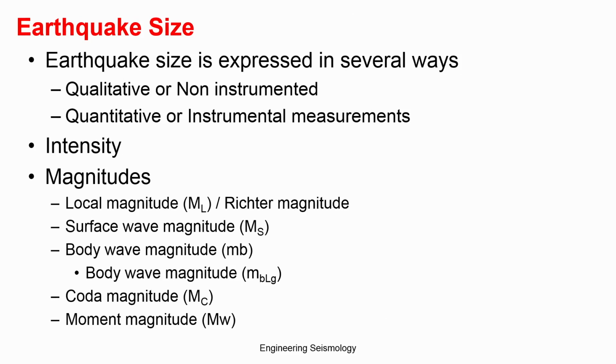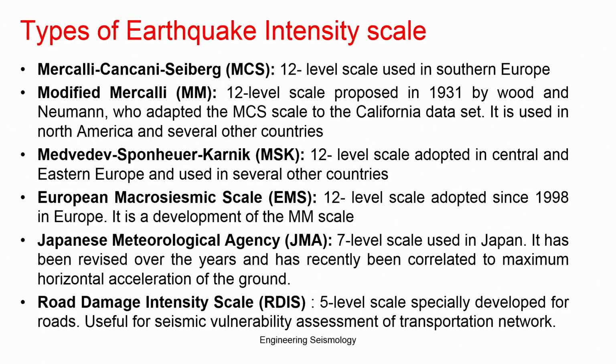The other way is to get the earthquake size using recorded waveform data, which is a quantitative way of estimating the size of the earthquake through instrumental measurement. This needs a recorded waveform. Depending upon the wave type, you can get different magnitude scales, which we have discussed in detail. Today we will just give a summary of what we have done in this class.